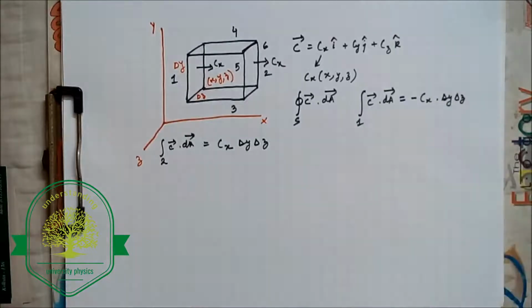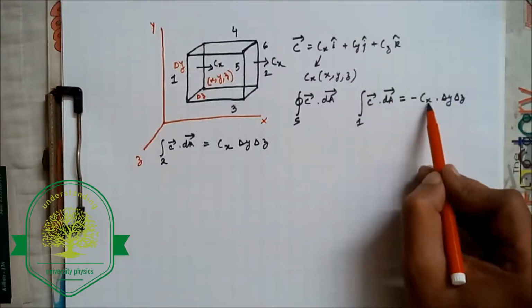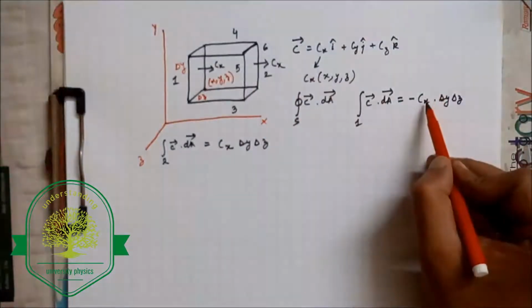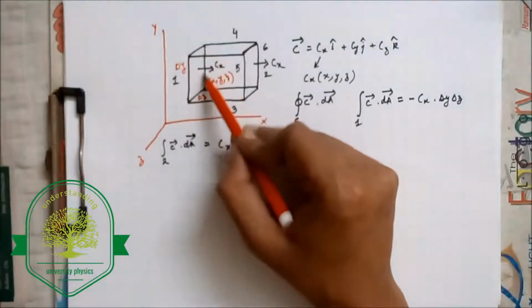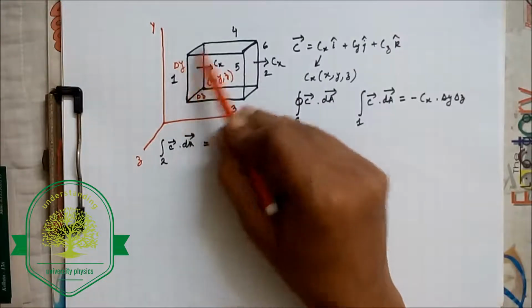okay, one thing I've missed here is that in doing this integral, I'll have to take that component of C which is along the x-axis, that is Cx, and we will have to assume that Cx is constant over this entire surface, because this surface is very small.